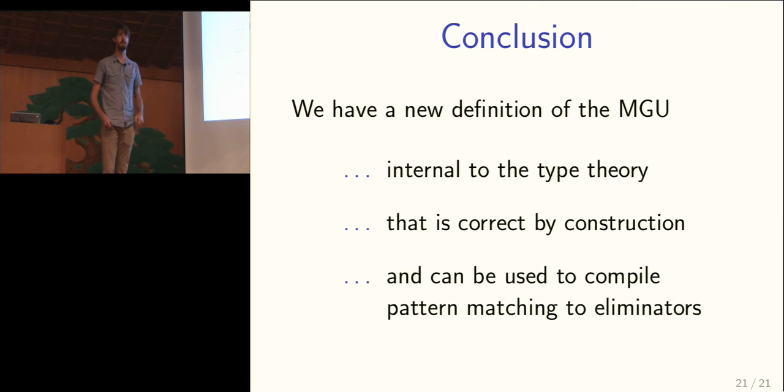So the way it cannot go wrong is that all the unification rules we have are backed by evidence, which is terms in type theory. So of course, if one of these terms is not type correct, then it can go wrong. But assuming that this evidence is type correct, then there's nothing else that goes wrong.